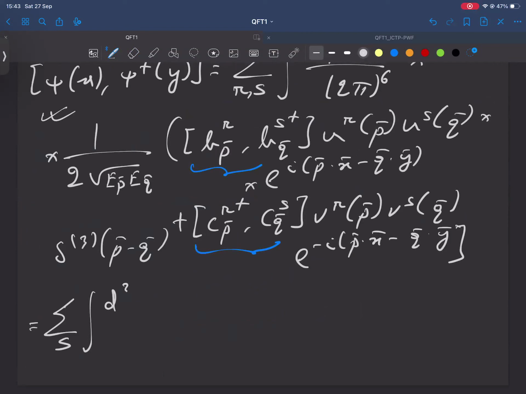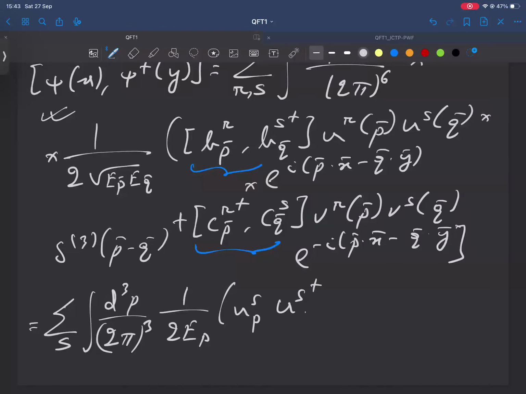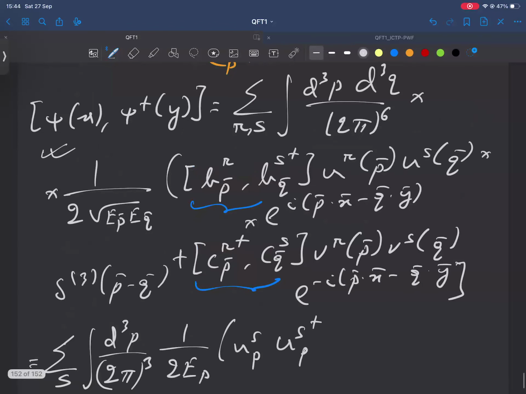So D3P survives. Let's say I do the Q integral, 1 by 2 EP, because now P is Q. You get US P, US dagger P, and sorry, there were some daggers here. Yeah, I forgot. There's a dagger here and there's a dagger here.